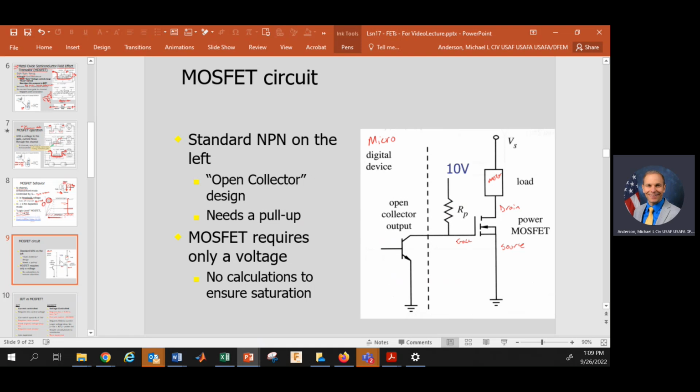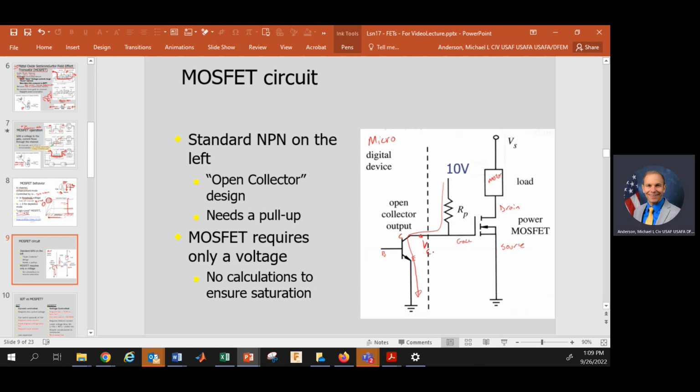So here, let's think about how this works. If this is a standard NPN BJT over here, so this is the base, the collector, and the emitter, when we turn this on and current flows, we have voltage flowing from the 10-volt source through the resistor and through the transistor. This is ground. What would the voltage be right here?